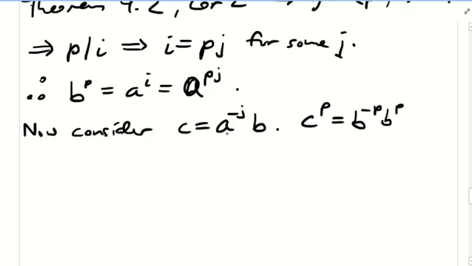So C to the p is A to the negative jp times B to the p. Notice I can distribute the powers because it's abelian. That is A to the negative pj times B to the p. So this is the identity, which means the order of C must be p, since it can't be 1, right? It's got to be a divisor of p, but since C, oh, sorry, I didn't say this.